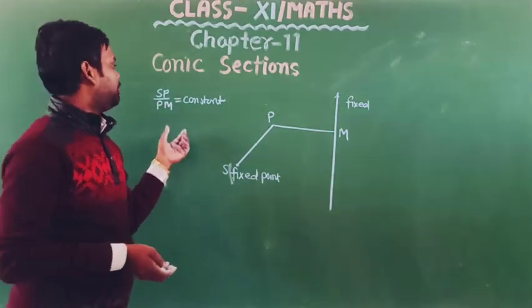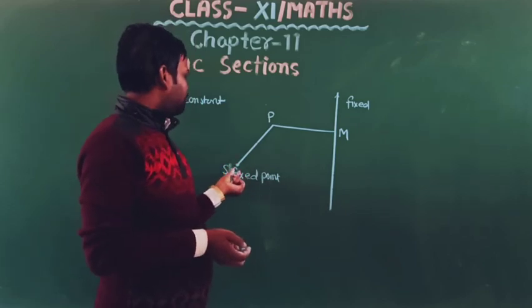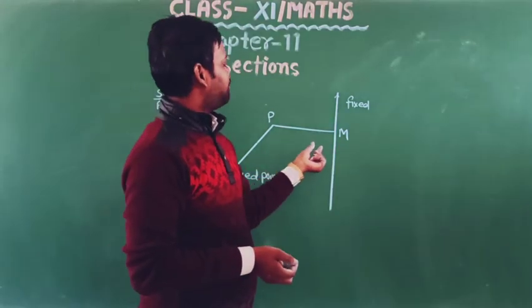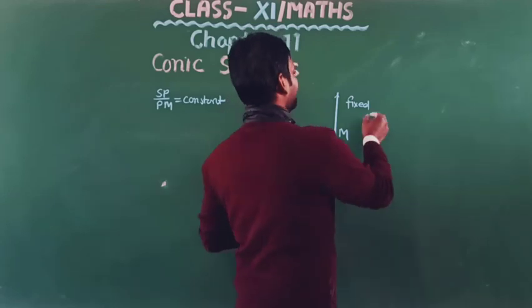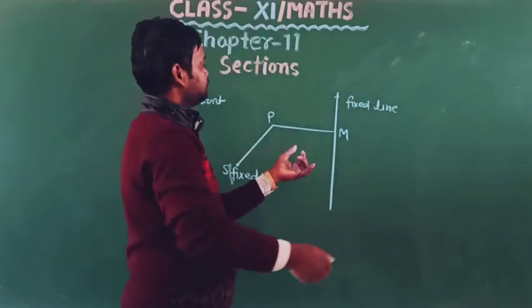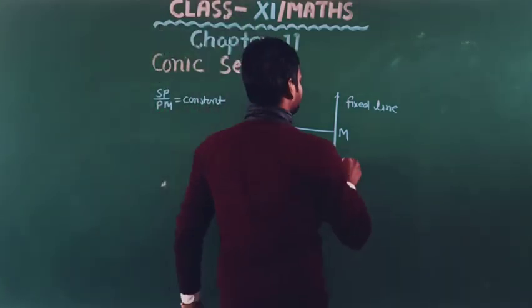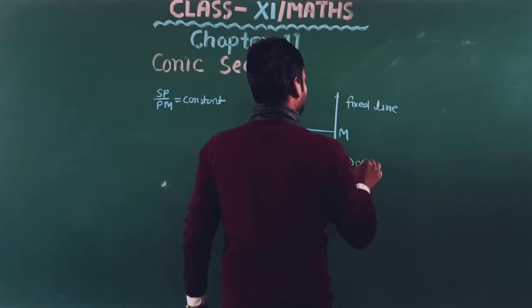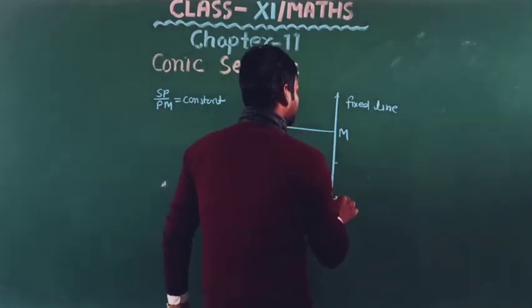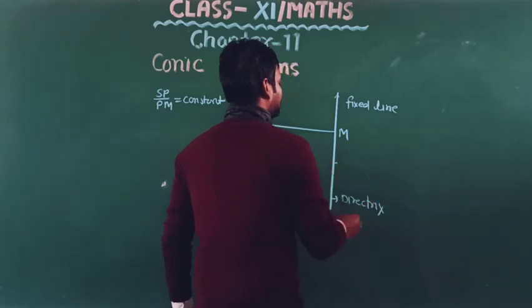The fixed point is called the focus of the conic section, and the fixed line is called the directrix of the conic section.